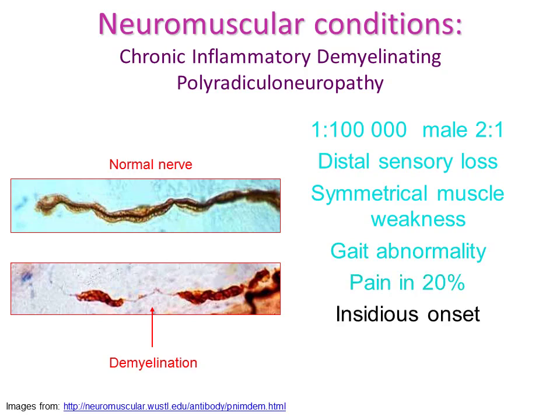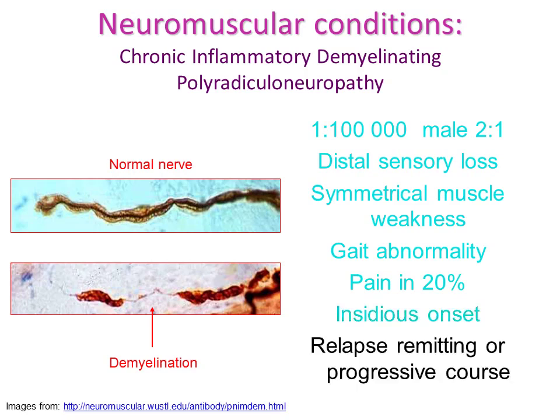And often the onset can be quite gradual and insidious, unlike GBS where there's a definite point where the deterioration starts. And a little bit like in multiple sclerosis, which of course is an inflammatory condition of the CNS, in CIDP it can have a relapse remitting or a progressive course, and it sometimes does act a little bit like MS of the peripheral nerves.